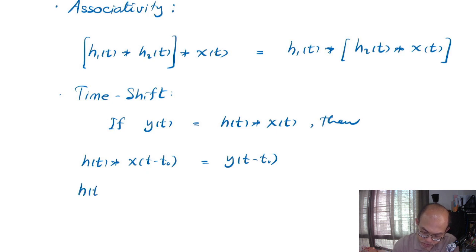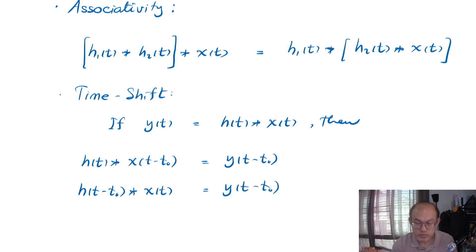Also, if we delay h by time t0 and convolve with x, the result would again be y delayed by time t0.